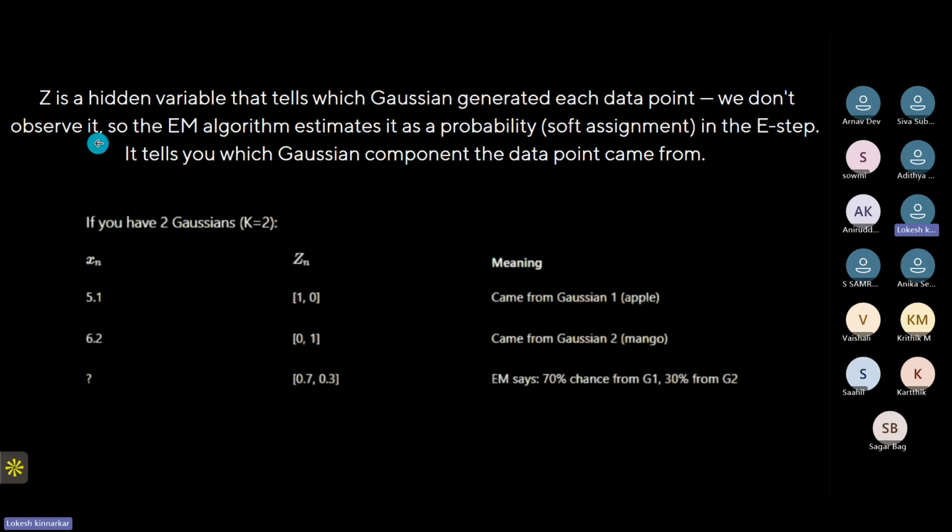We don't observe that particular z, so the EM algorithm estimates it as a probability in each step. It is telling you which Gaussian component the data point came from, but you don't know which Gaussian component actually generated that data point. So here is the example also. You can check it out.